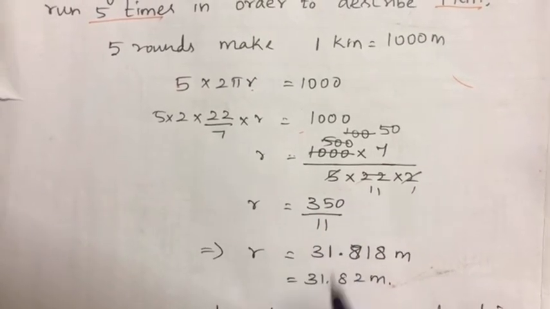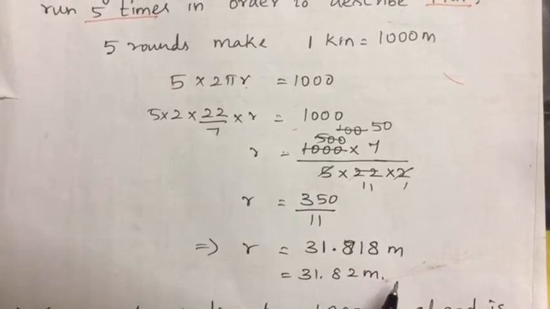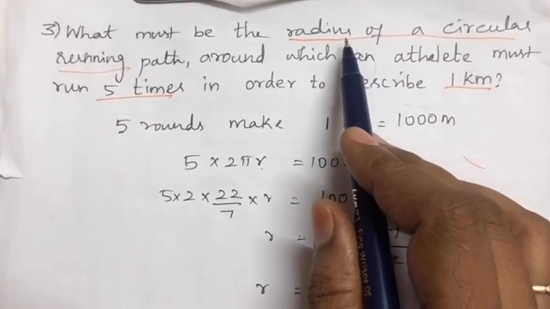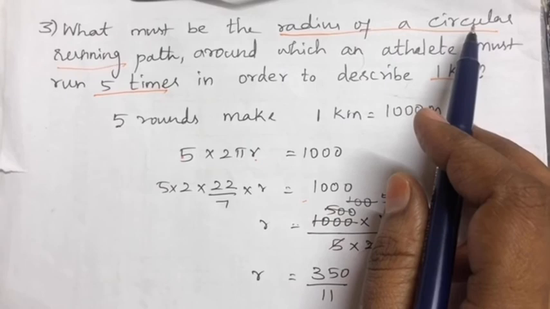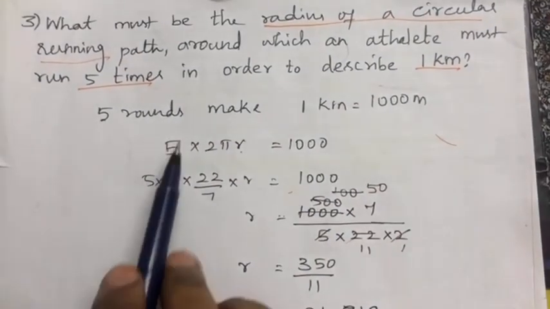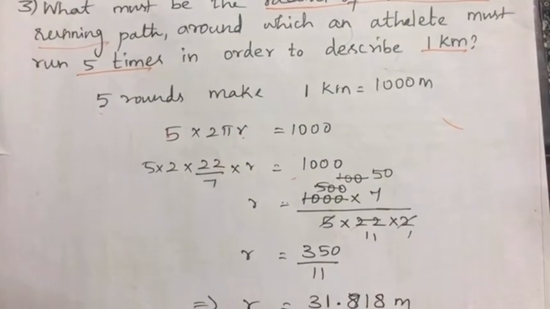While dividing this, you get r is equal to 31.82 meter, and that is the radius. We have to find the radius. So the radius of the circular path can be found by using this concept, 5 into 2 pi r.